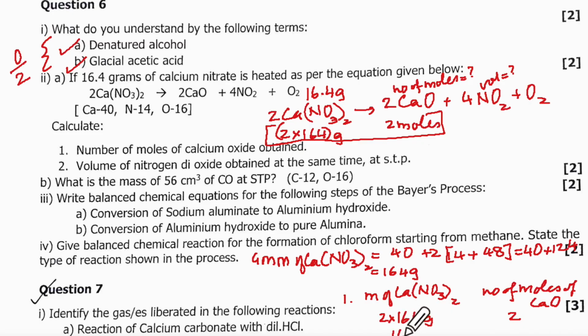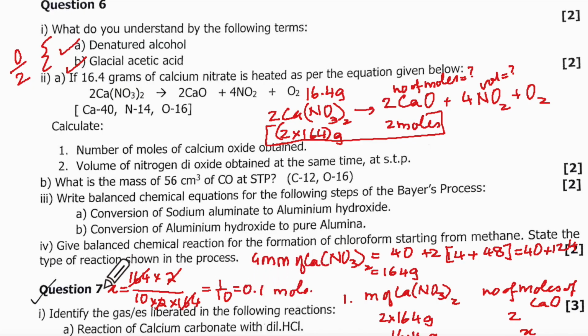So if it is 16.4 gram, then X. Okay, I'm writing it here because I don't have space below that. It will be 164 upon 10 into 2 divided by 2 into 164. 2 gets cancelled, this gets cancelled, and that is equal to 1 upon 10, means what? 0.1 mole. Then here you have to write number of moles of CaO.